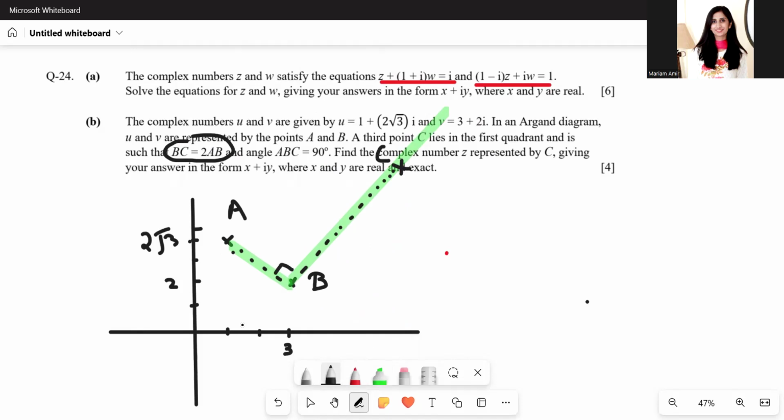All right, now we will use column vectors to get to C. How do we use that? We know that to go from A to B, this movement is 2 root 3 minus 2. Next is to go from here to here. It's a movement of 2 units.